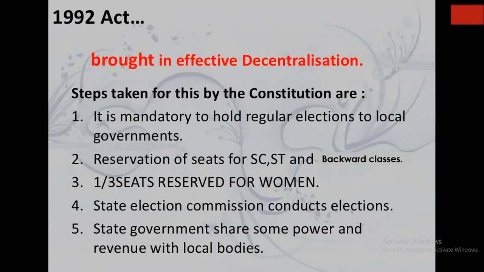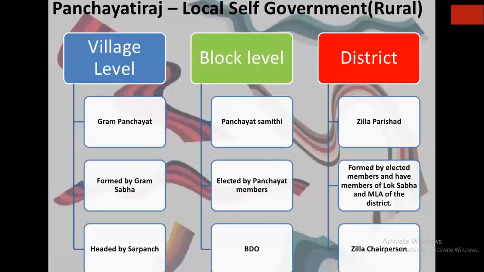By reserving seats for women, SC, ST and backward classes, they can be motivated and encouraged to come to light, and their standard of living can be raised. Regular elections were held and state election commissions conducted them. These were some of the steps taken by the Constitution.